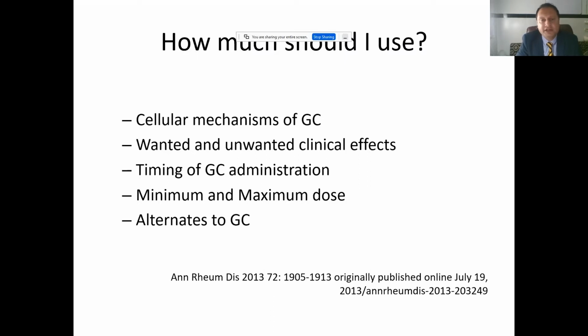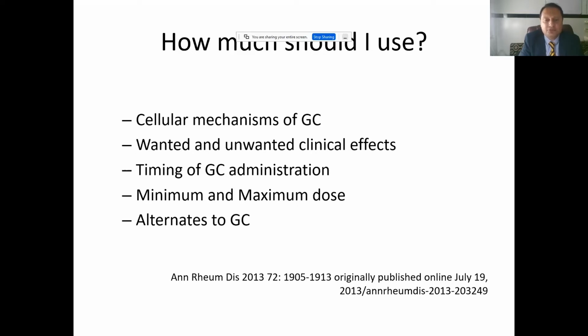The question really is how much of the steroid we should use, and it really depends on the type of diagnosis, the organ involvement in a particular condition, and how emergent the problem is. Then we need to be aware of the cellular mechanism of different glucocorticoids, and all the wanted and unwanted clinical effects.